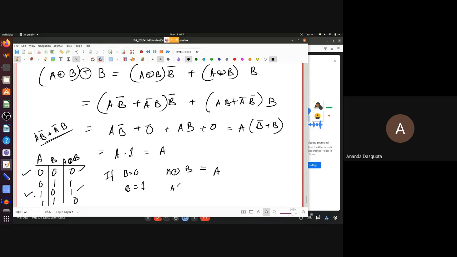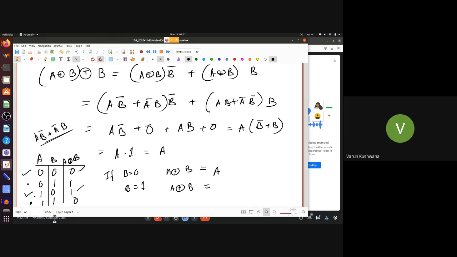A XOR B is what? Again, either the truth table or this one. Just look at these two lines, and compare A with A XOR B in this case, because B is 1 in these cases. So what's the connection?